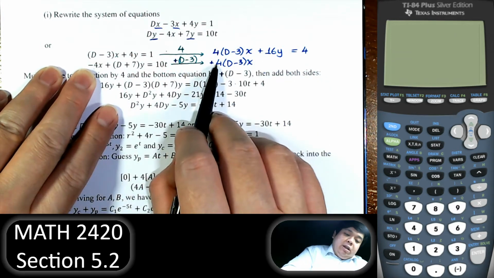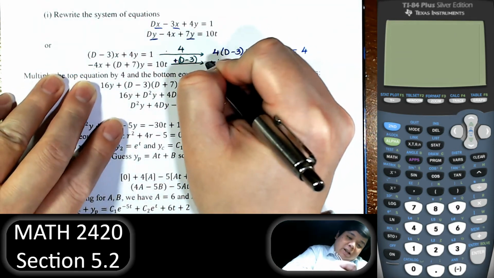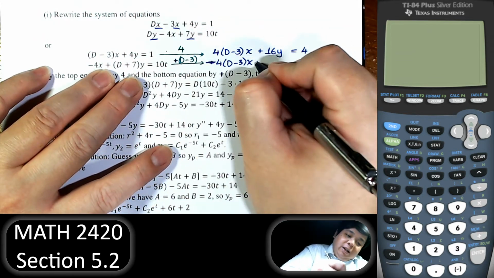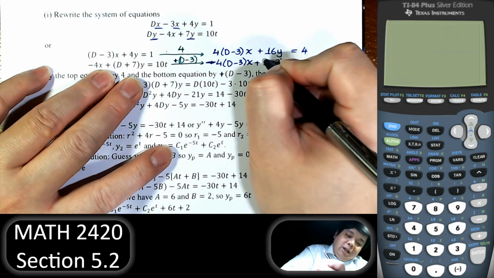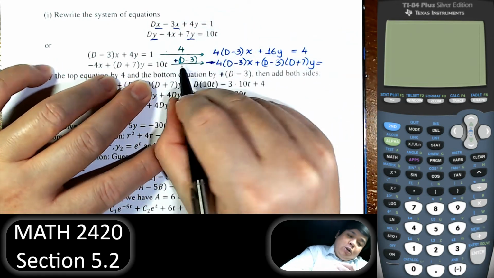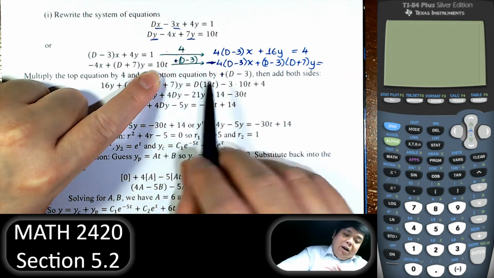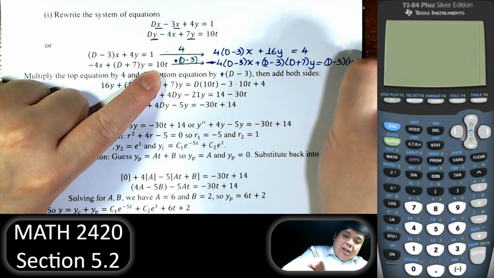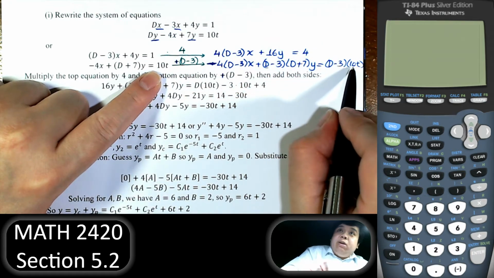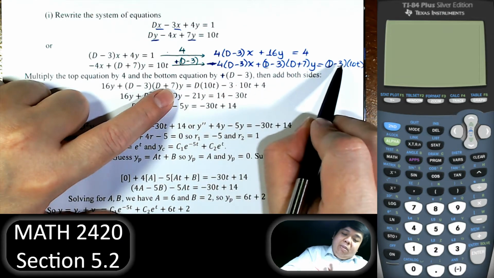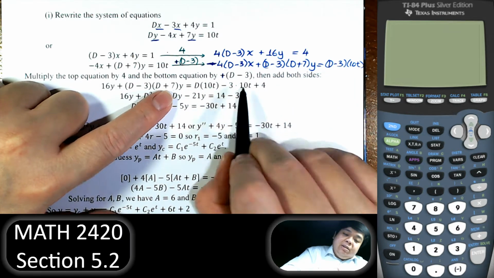So that becomes negative here. And then we have (D minus 3)(D plus 7)y equal to the derivative, (D minus 3) of 10t. So we take the derivative of 10t and then minus 3 times 10t.